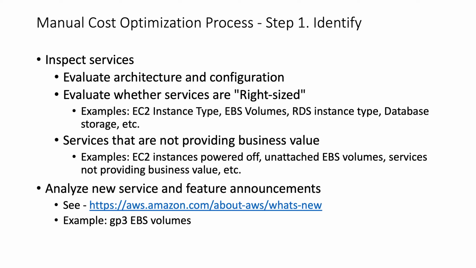Like here recently, we realized that by shifting to GP3 from GP2, which is really just a billing difference, better cost for performance on our EBS volumes, we could save a lot of money by transitioning everything from GP2 to GP3. And we only became aware of that because we pay attention to AWS's announcements.